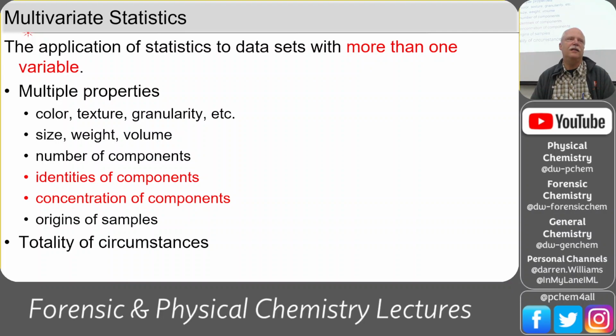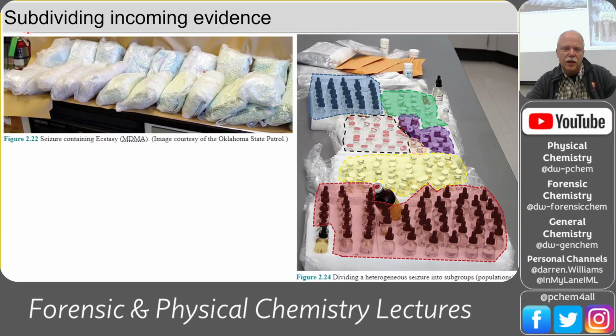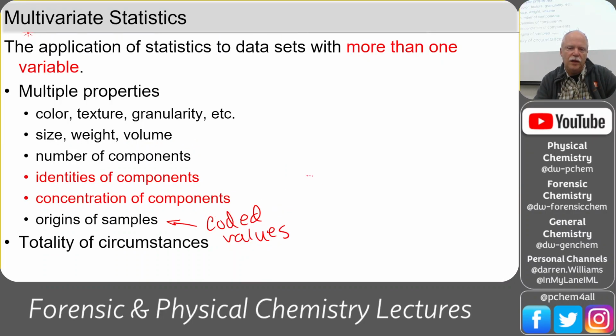And a lot of the statistical tools require numerical values. And so sometimes we can come in and still take origins and code them. Let's say, for example, we have 3 different regions that we want to look at and see what kind of dependency there is on the region.